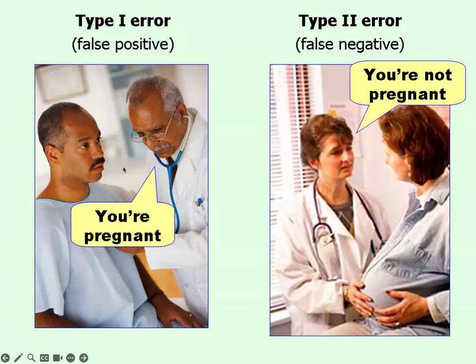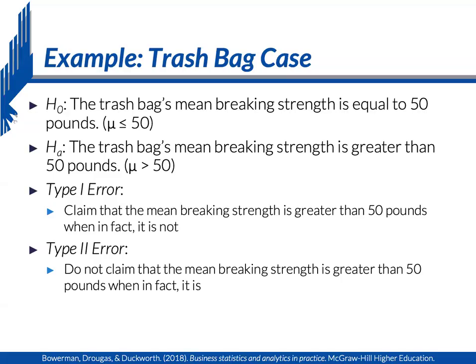So here, when we conclude that a person is pregnant, but the person is not really pregnant, that is a type 1 error. But the type 2 error happens when we say that a person is not pregnant when the person is actually pregnant.